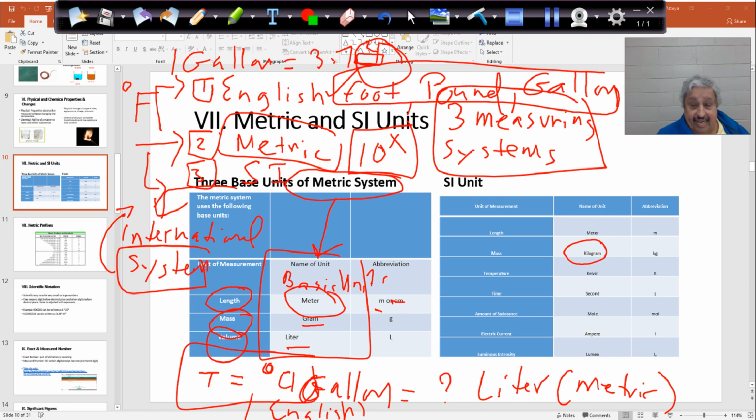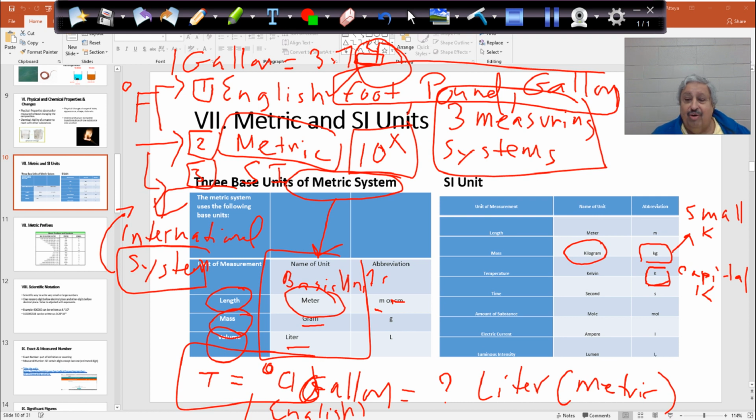Kelvin, capital K. See here, the kilogram has a small k. The temperature is a capital K. So small k for kilogram and capital K for Kelvin temperature, correct?